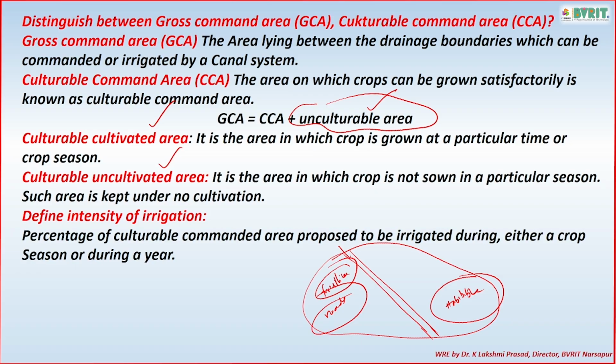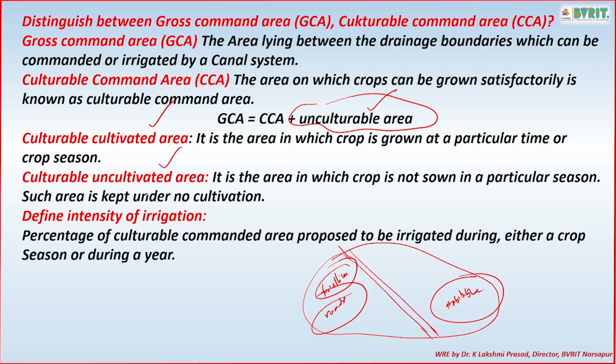Whatever exact area you are irrigating during a particular year out of the total culturable command area is the culturable cultivated area of that season. Culturable uncultivated area means one particular season you want to leave it, so the area where you are not growing any crop during a season is culturable uncultivated area.